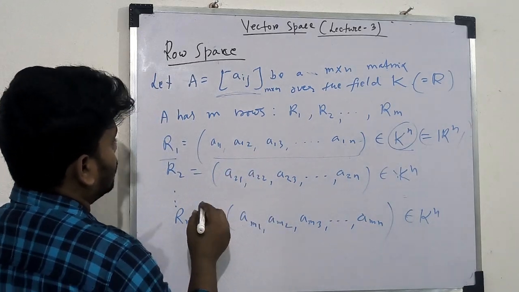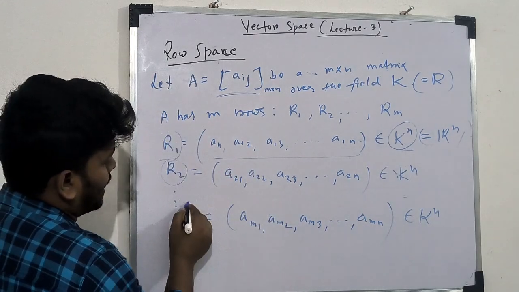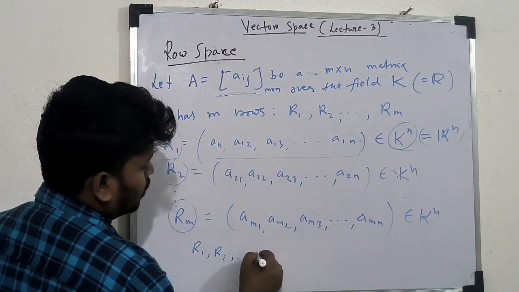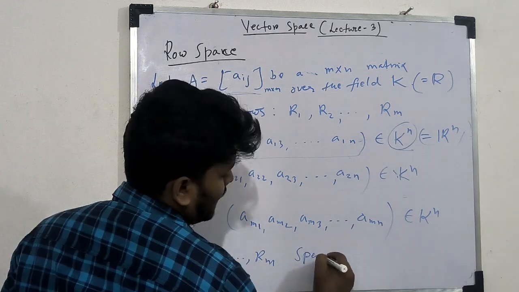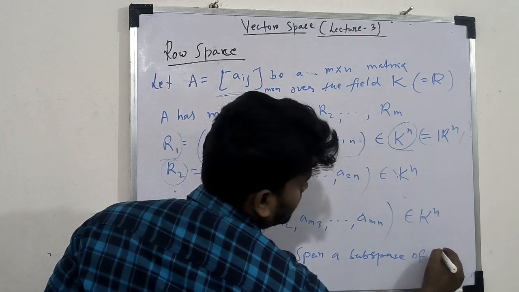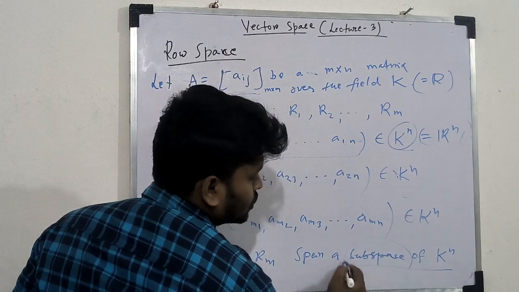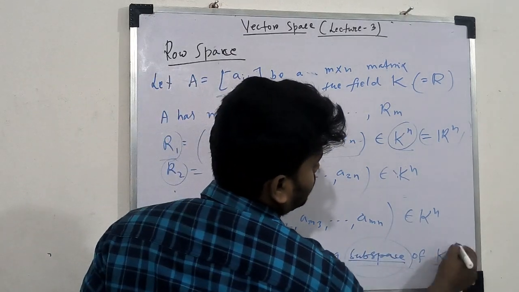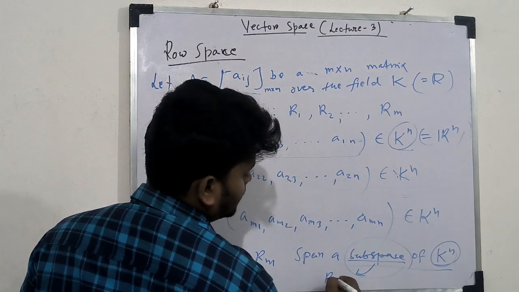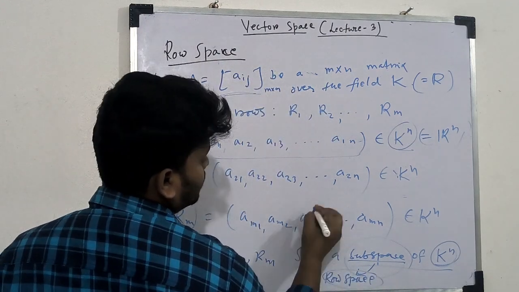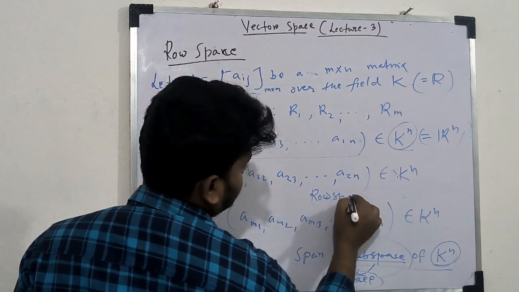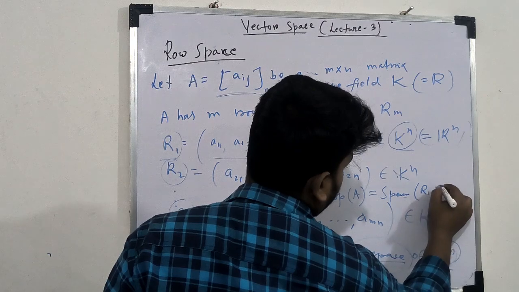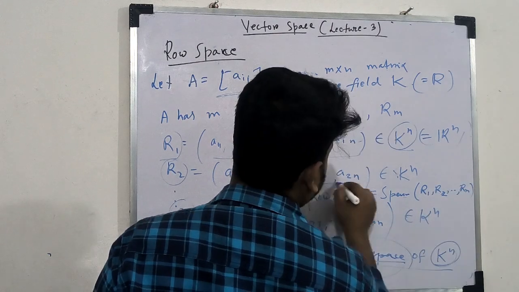So if we take R1 to Rm, as we discussed u1 to um, these vectors R1, R2, ..., Rm span a subspace of the vector space Kn. This subspace is called the row space. Okay. So it is denoted by row space of the matrix A, span(R1, R2, ..., Rm).